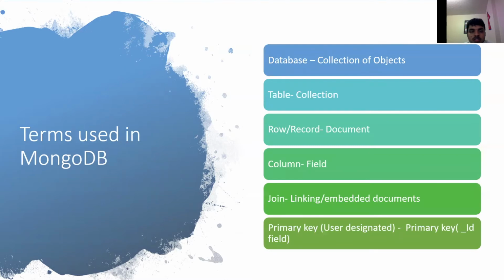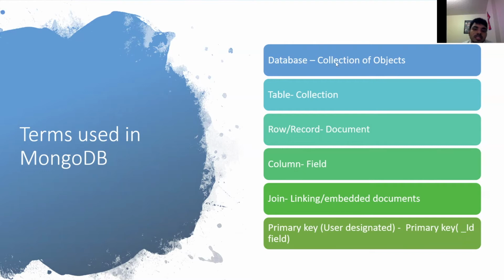So, terms used in MongoDB. I have compared terms that we have used in our SQL class with the similar word for those terms in MongoDB. For example, database in SQL means collection of objects in MongoDB.